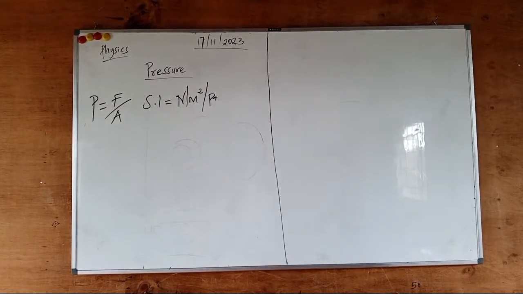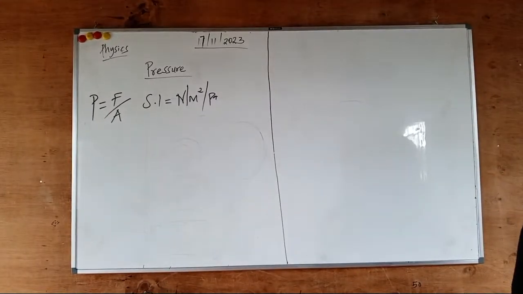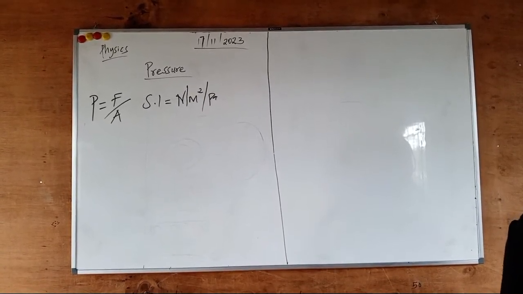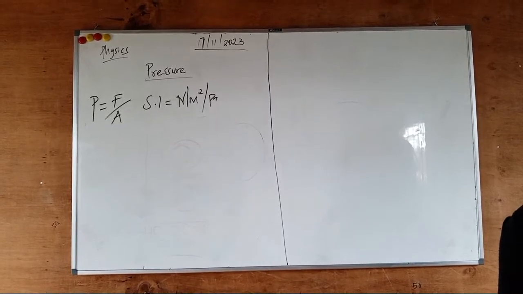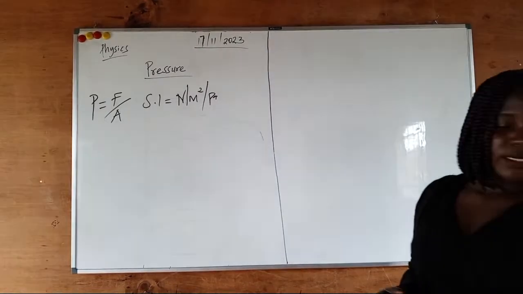A tip of a needle has a cross-sectional area of 1 multiplied by 10 to the power of 6 meters squared.